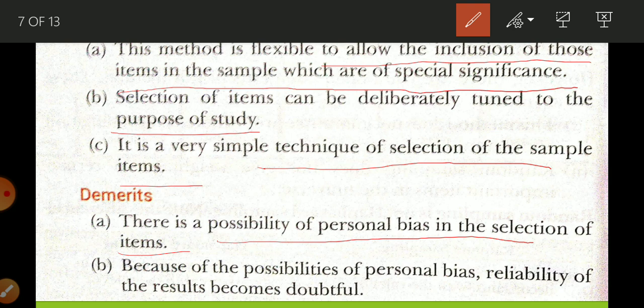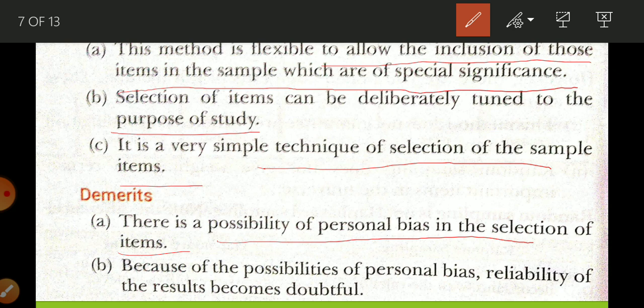Maybe there are 10 students in your class who are good in mathematics, or good in cricket. Now out of 10, just 5 students are to be selected. So it depends upon your class teacher whom he or she is going to select. Here the opinion about the student is going to matter, so there will be a possibility of personal bias.